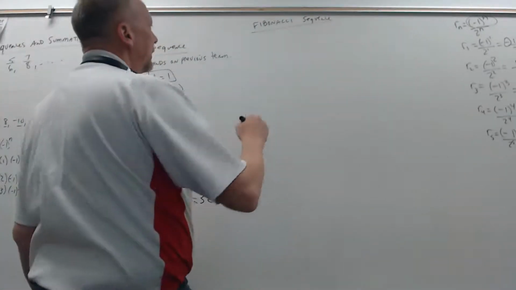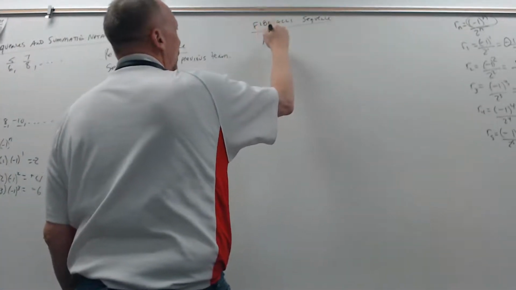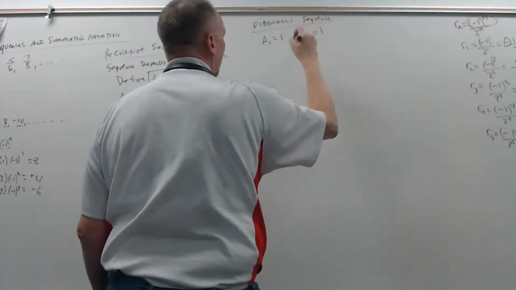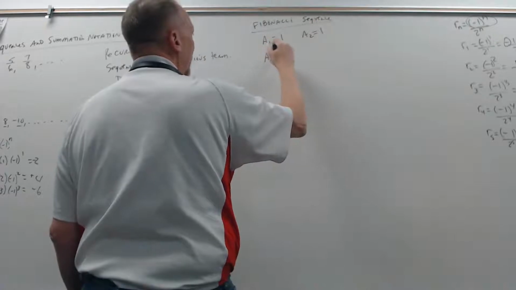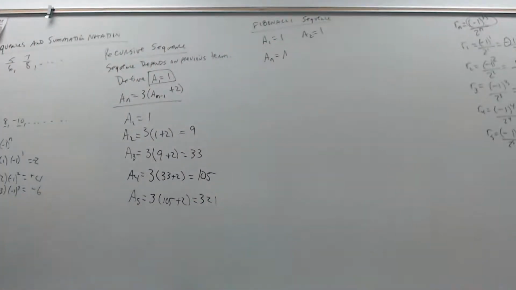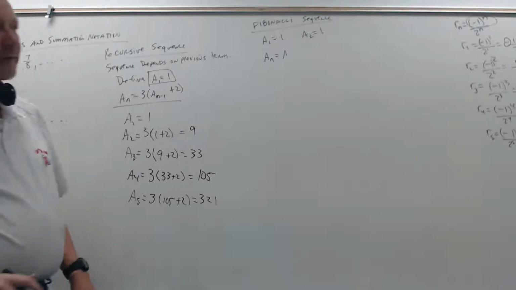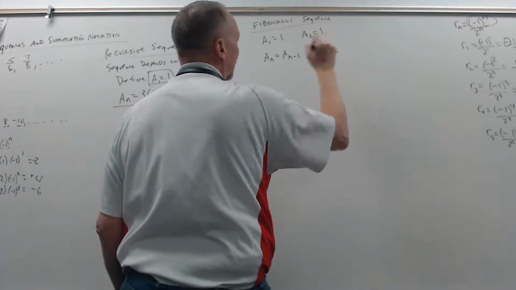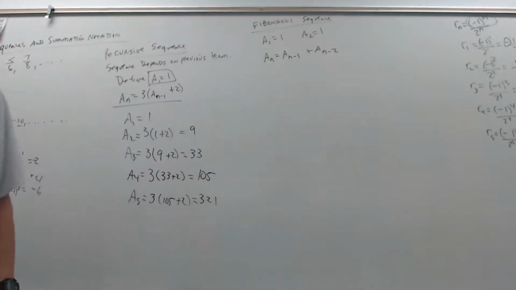Fibonacci sequence. It's defined a sub 1 equals 1, a sub 2 equals 1, and then a sub n equals a sub n minus 1 plus a sub n minus 2. So it's a recursive sequence that depends on the previous two terms, not just the previous one.